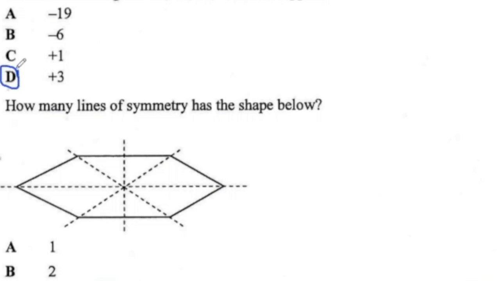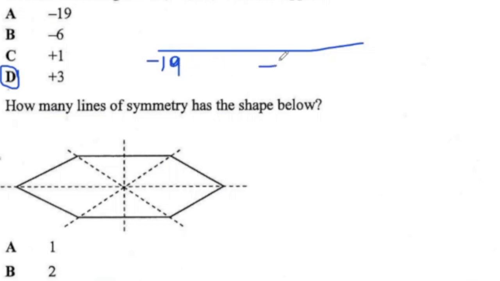Any number that is on the right side of another number is bigger than the number on the left side, when you put numbers on a number line. So negative 6 is bigger than negative 19, because negative 19 you find here.